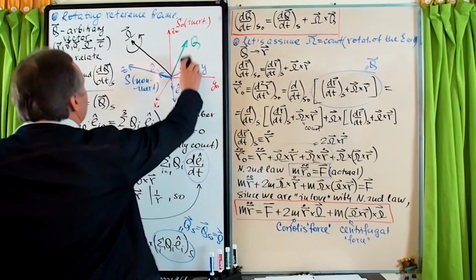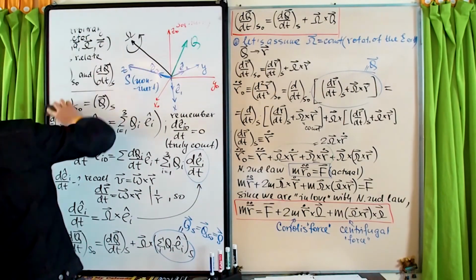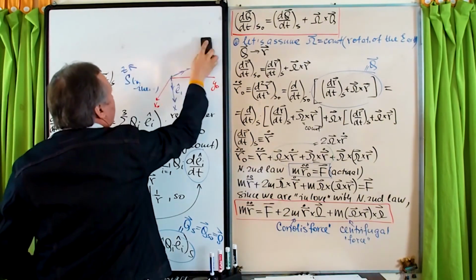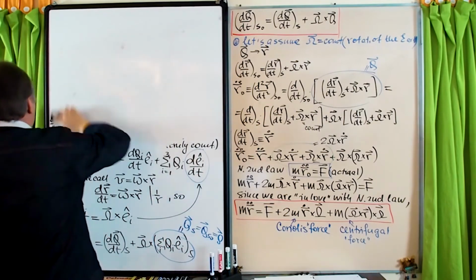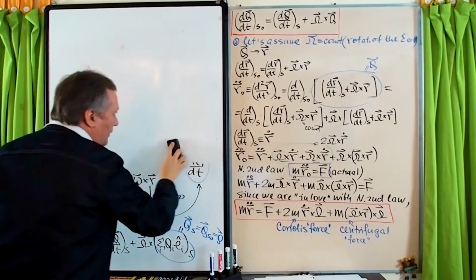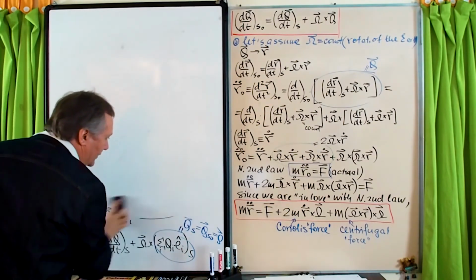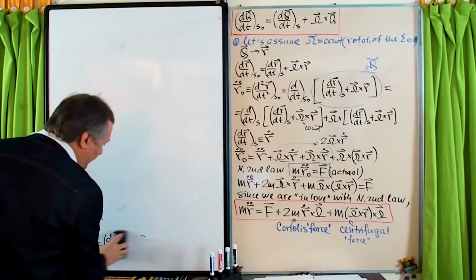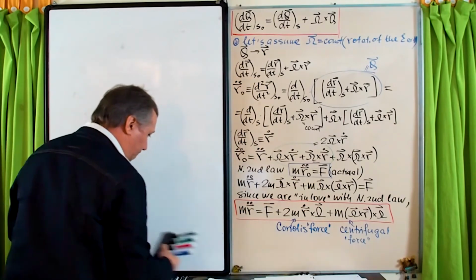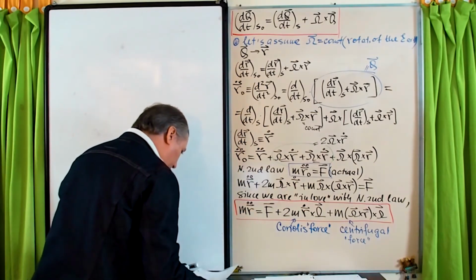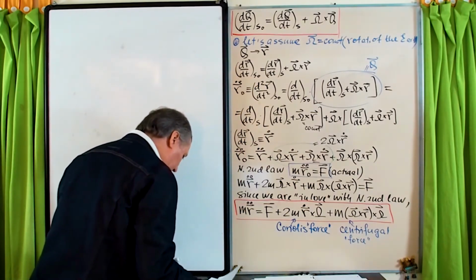Okay, I don't need this, so I can erase it. And let's justify Coriolis force. And then, if we still have time, we'll try to justify the centrifugal force. I will skip this.